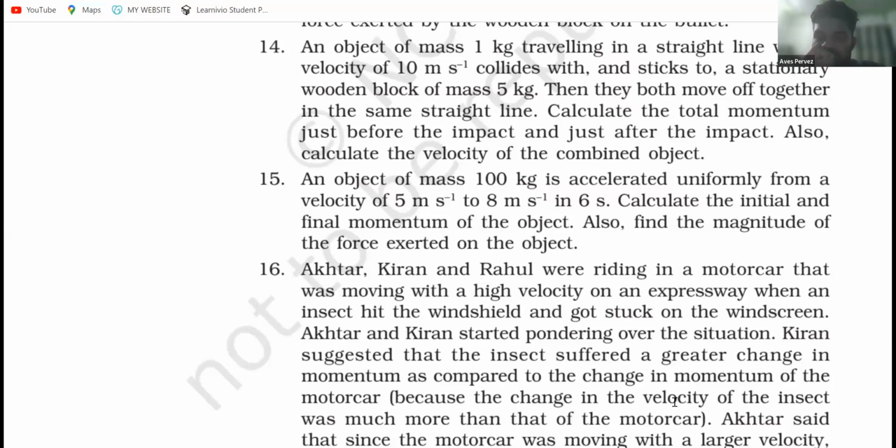The final momentum is 800 kg meters per second. The difference is 300 kg meters per second, and the force is 50 Newton. Okay, the force is 50 Newton. Sir, I couldn't figure it out.